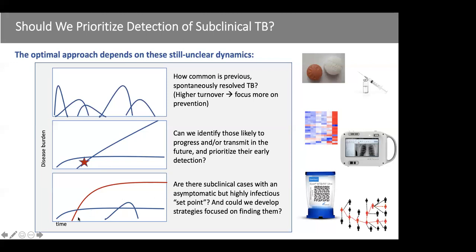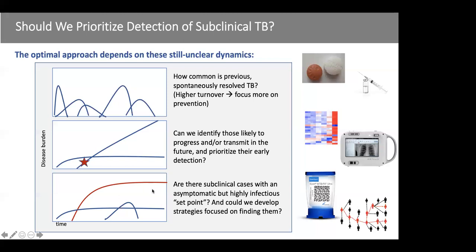But then if there are some subclinical cases that have a set point that they're going to reach or that they have reached that's asymptomatic but highly infectious and they're going to stay there for a long period of time, then that would be the place you want to focus. And there, the diagnostic strategies might be different from the tools we have now. We have bacteriologic diagnostic tools that are maybe more sensitive than you really need for this approach.